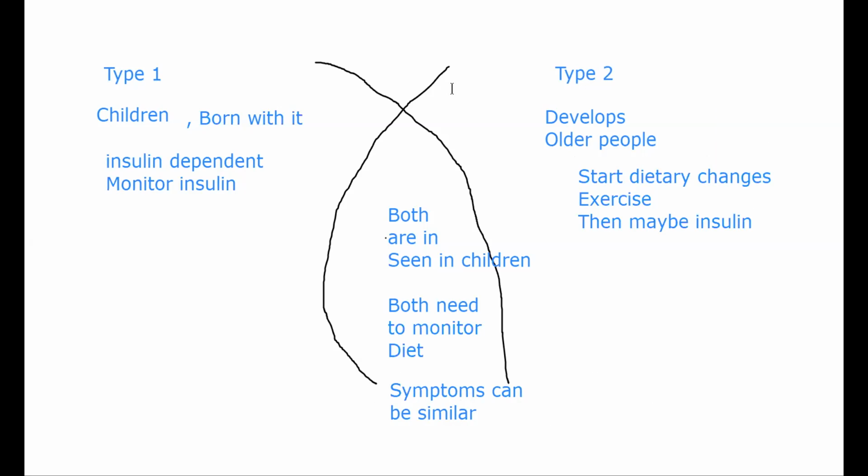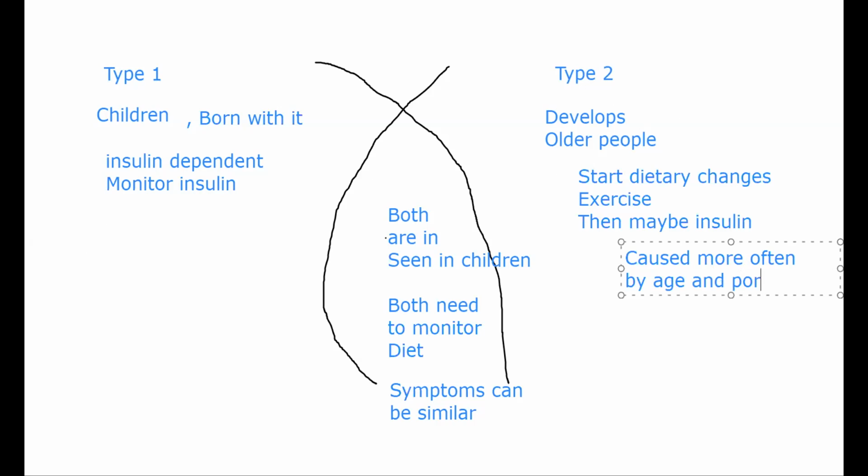So the cause here is the child's born with it. But for type 2, it's really caused more often by age and poor diet.